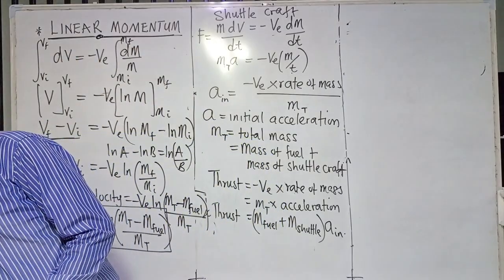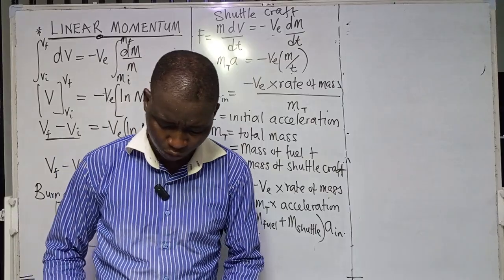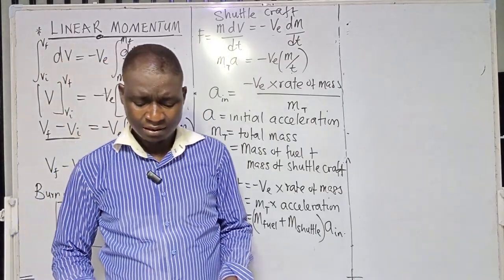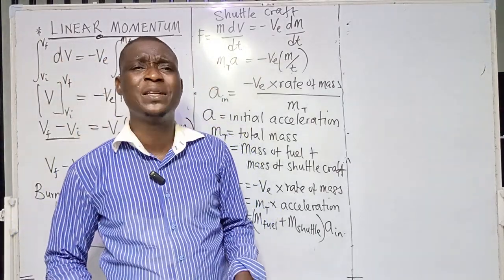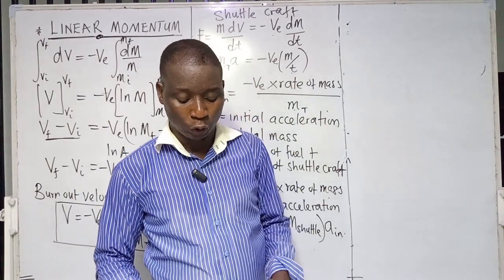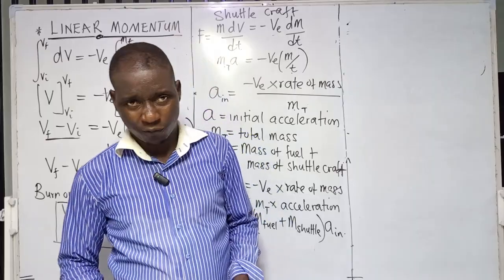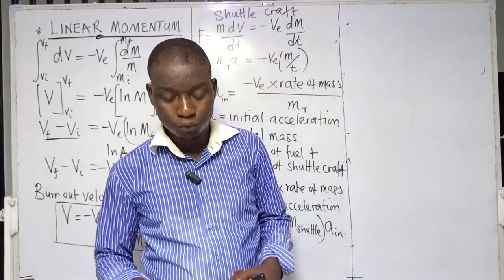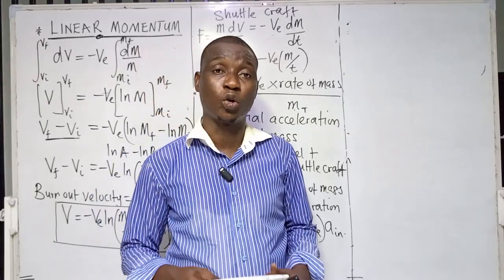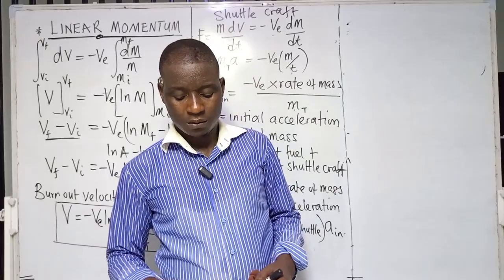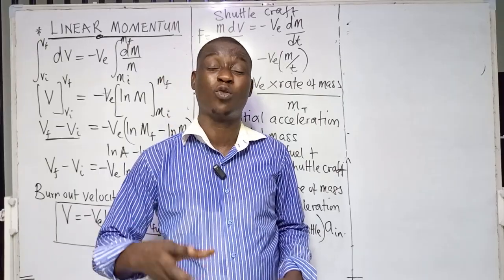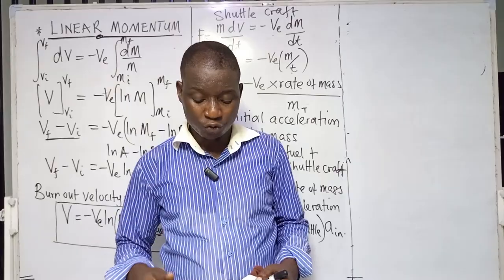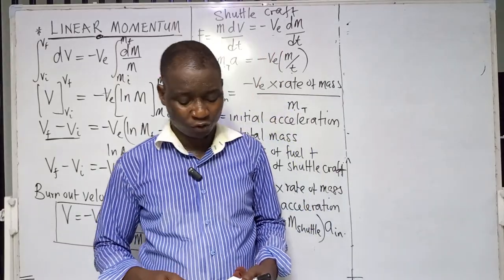Now they ask a question. I want to know whether you'll be able to get it. Let me read the question. Which of the following is not correct about the law of conservation of momentum?